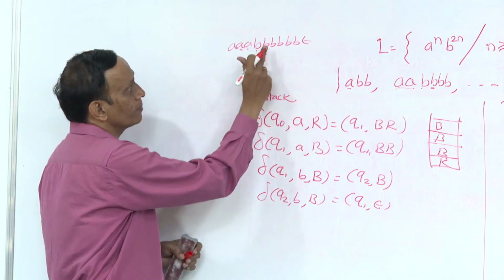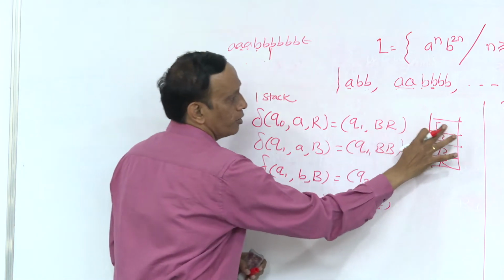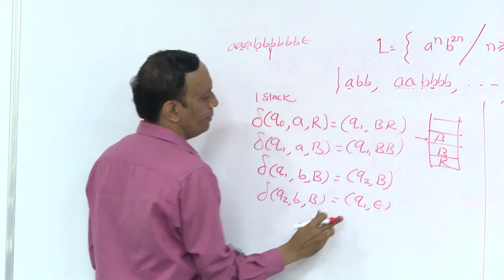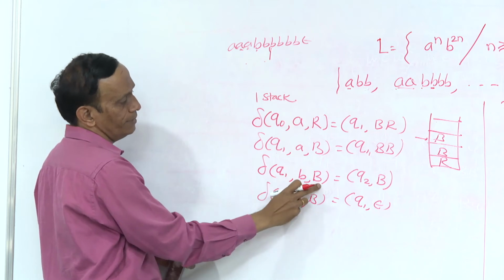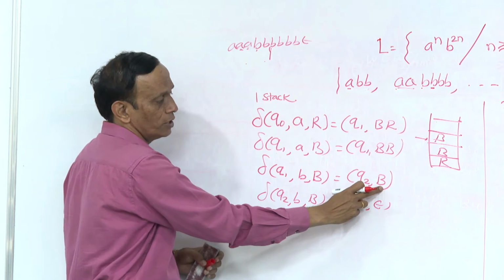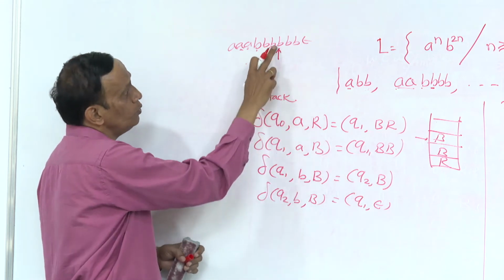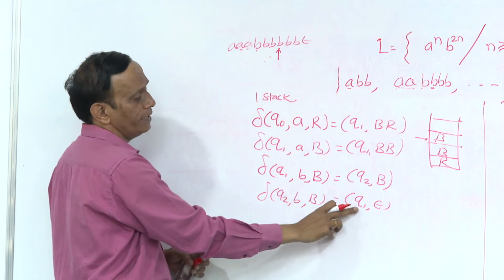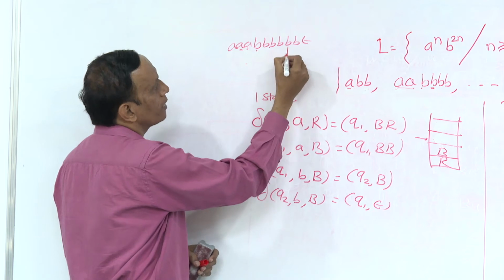Now I have this B, I am in Q1. This B was already popped, so I have this on the top. I get the third b. So Q1 BB, I get the same thing, so I am making a change only in the state. I get Q2 B. This will move to the next symbol. So Q2 BB, and I am entering into Q1 by popping it. So this is popped, and it is pointing here now.